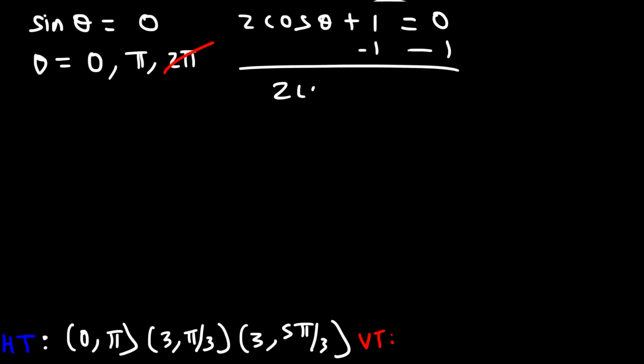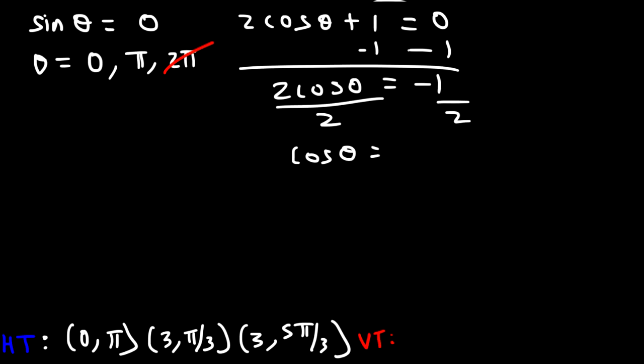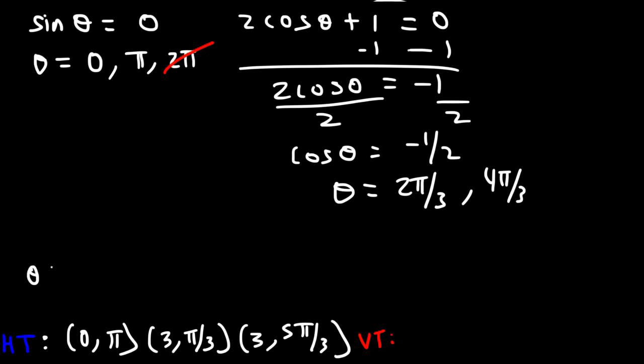And so we're going to get 2 cosine theta is equal to -1, and then divide both sides by 2. So cosine theta is -1/2. Now this will happen when theta is 2 pi over 3 or 4 pi over 3. Cosine is negative in quadrants 2 and 3. And so we have these angles: 0, pi, 2 pi over 3, and 4 pi over 3.